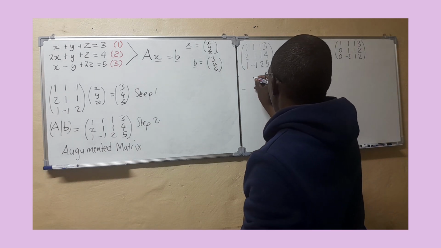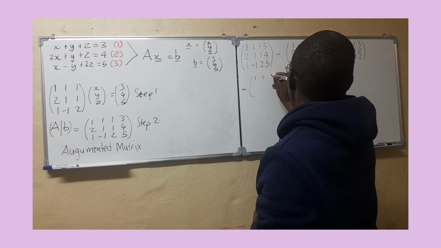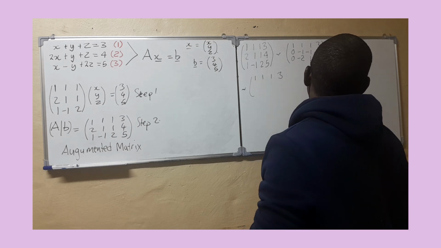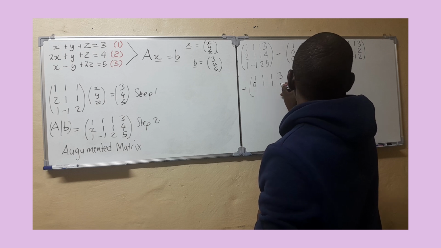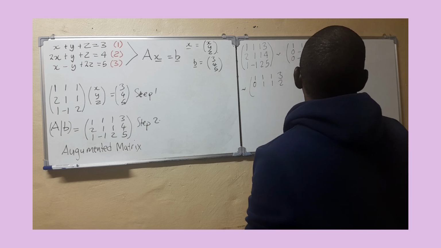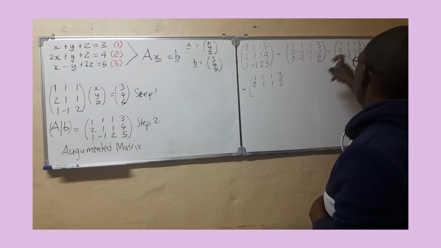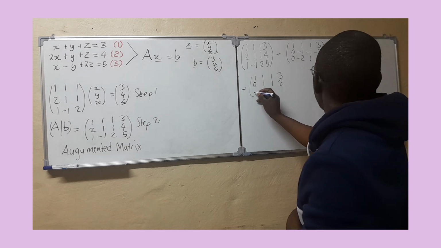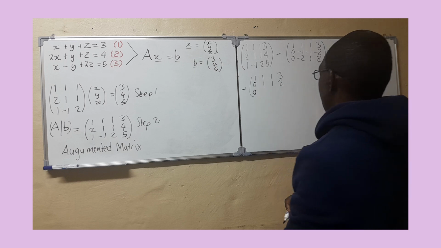So let's do that. There is your 1, 1, 1, 3 for row 1. Then you have your 0, 1, 1, 2 for your row 2. But we are now going to multiply row 2 by 2 and add the result to row 3. So here, of course, we have the 0, because 0 times 0 is 0, 0 times that is 0.